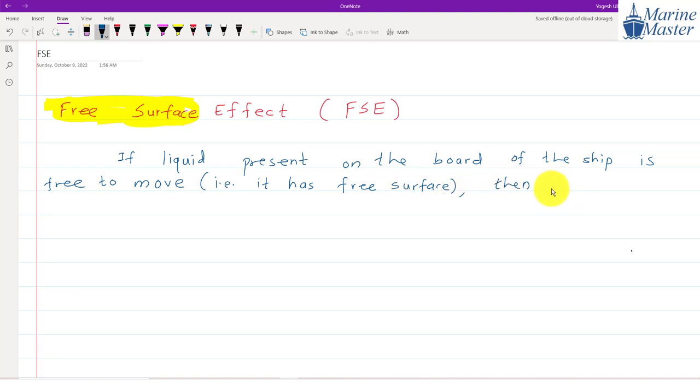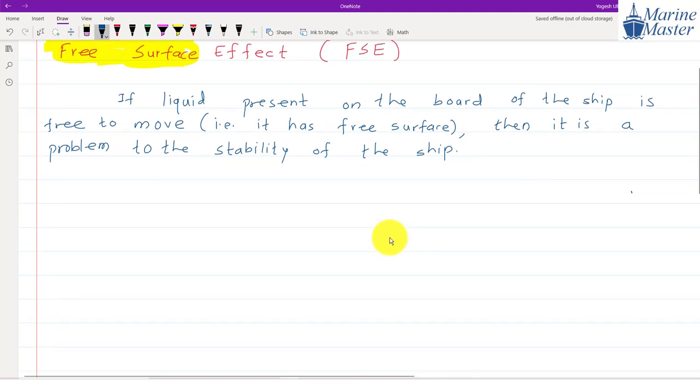Then it is a problem to the stability of the ship. Guys, try to see the scenario here.